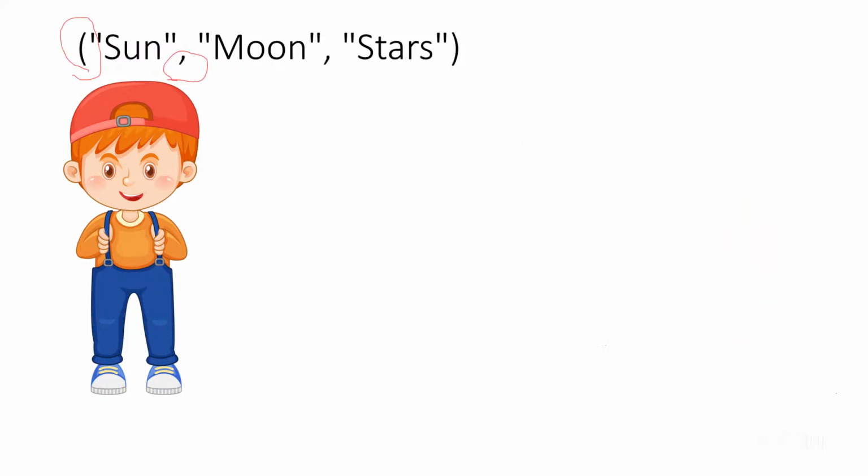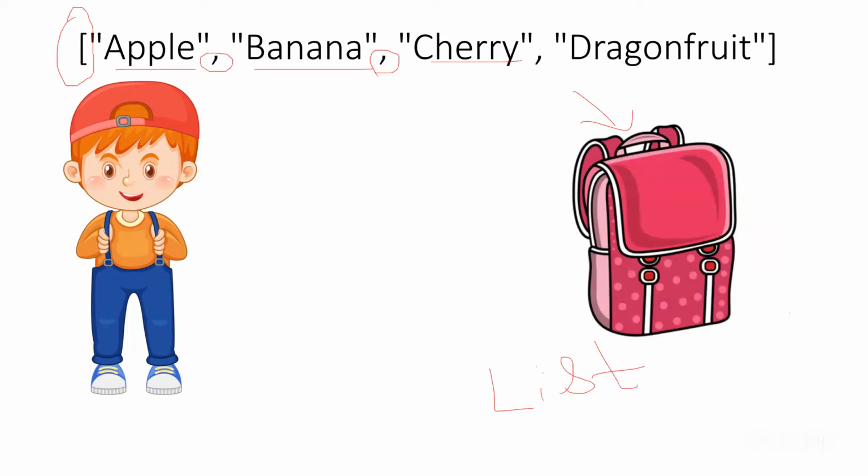Earlier, while he's traveling, if he finds another apple tree, he can pick and add an apple in the list. Even though the values are repeating, lists still accept duplicate values.